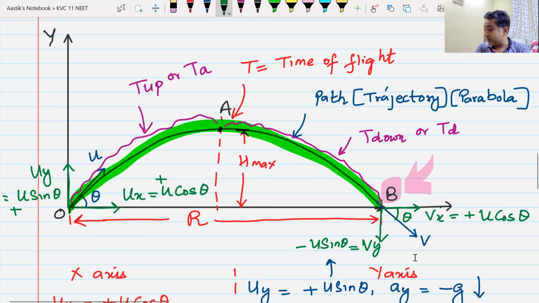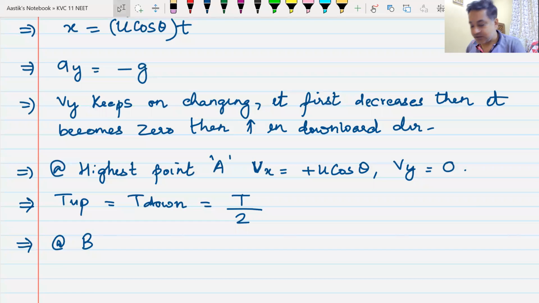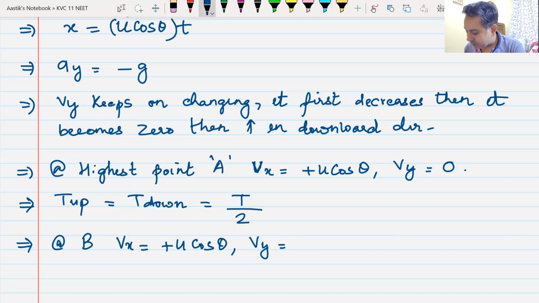So these are the important points. Time of flight we have done. So at point B, we will write those points and we will call it a day today. At point B, the x component of velocity will be plus u cos theta. The y component of velocity will be minus u sin theta.